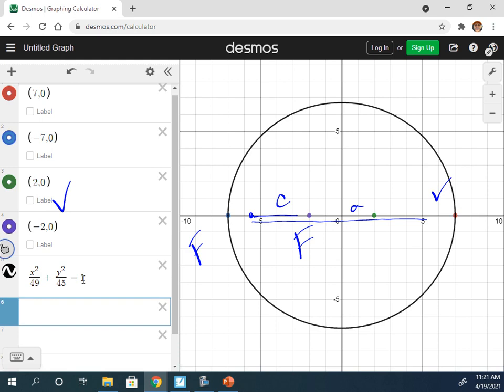And if we look at this here, the two vertices that we listed from the beginning are actually intersected with our equation. It goes through both of these points.